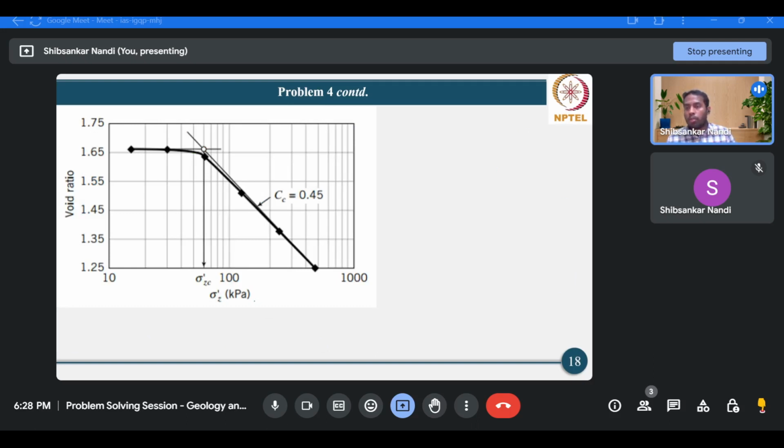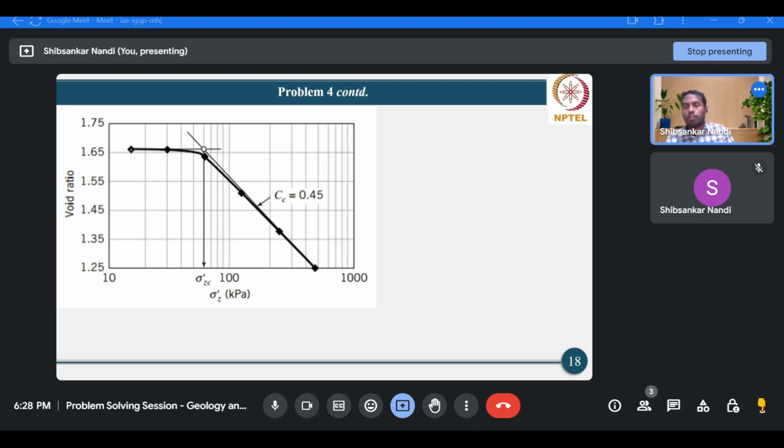And in addition to that, please keep in mind that void ratio will be in the simple arithmetic scale, whereas the sigma prime value will be plotted in the logarithmic scale. So therefore it's a semi-logarithmic plot. Okay, so these are the data points which we have calculated.